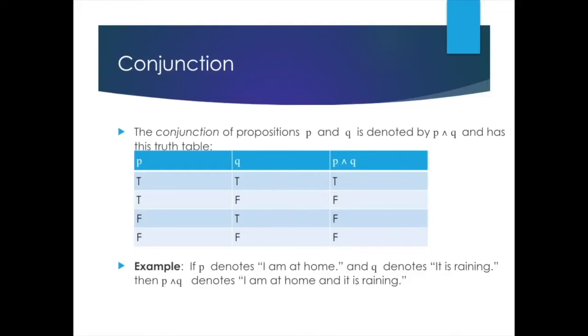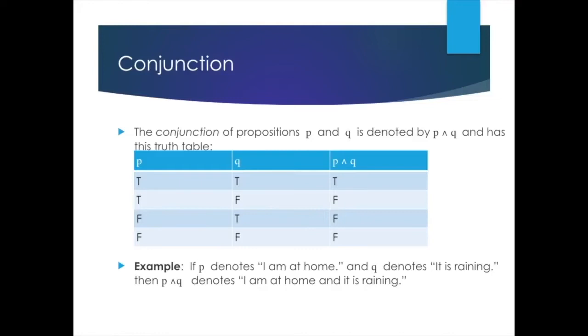The conjunction of propositions P and Q could be denoted by the truth table showing in the diagram, where we have P true, Q true. And true and true is always true. True and false is always false, because we need both values to be true in order to have a true outcome. False and false is false, and false and true is false.